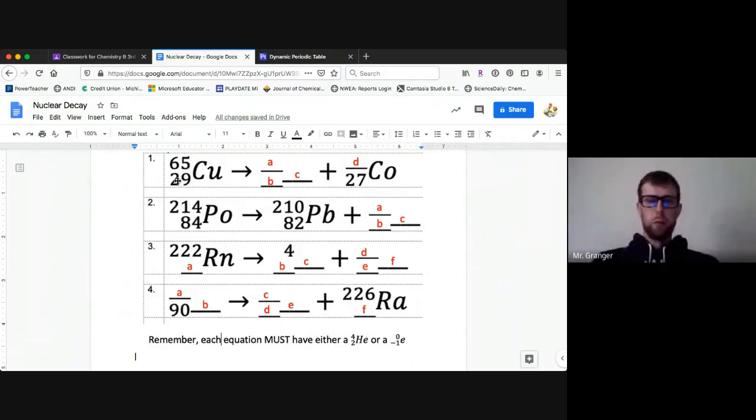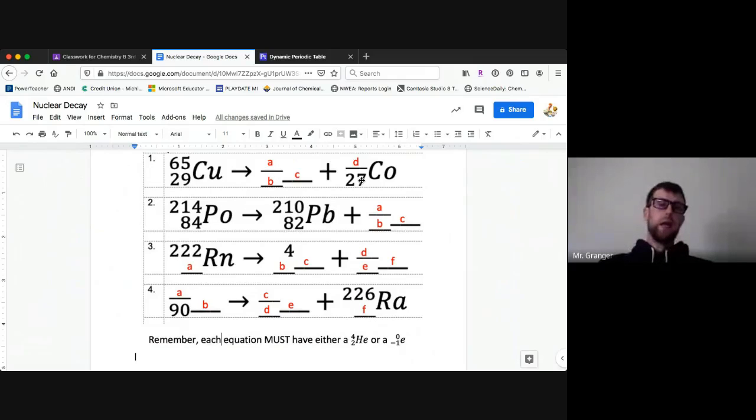To help answer this question, you need to look at these bottom atomic numbers going from 29 down to 27. Just like balancing an equation, the arrow is treated as an equal sign. So what is on the left side for the mass and the atomic number of copper has to equal the total of what is on the right-hand side of the arrow for the atomic number of the unknown and the atomic number 27.